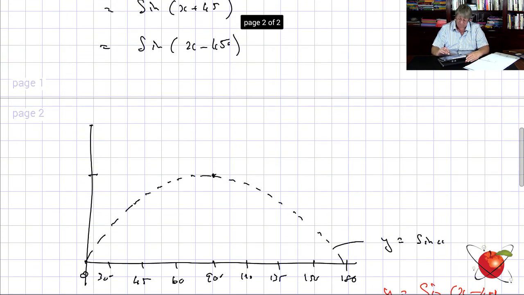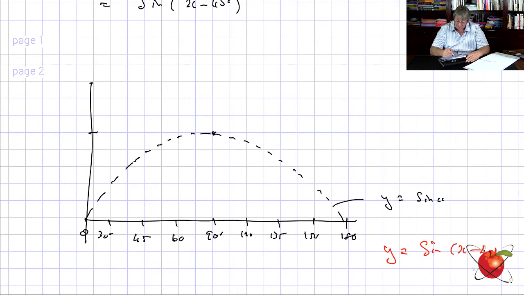By the amount. In other words, if it's positive, let's do the blue: y is equal to sine of (x plus 45). It means it goes 45 that way, and my whole graph moves 45 to there, whereas that was there.